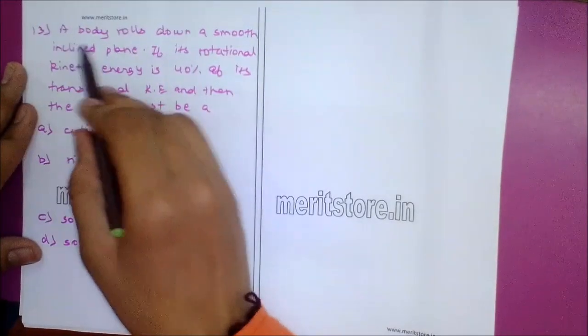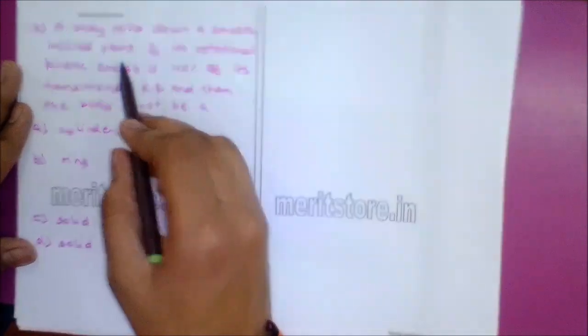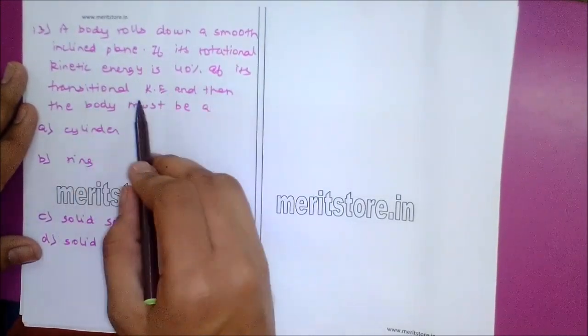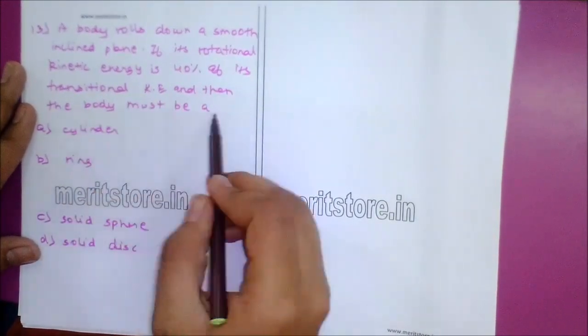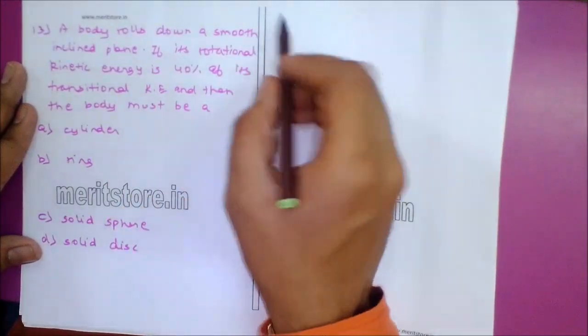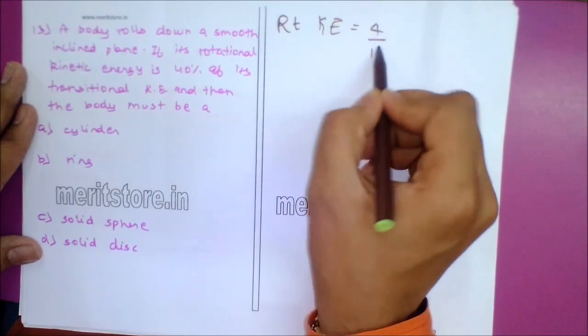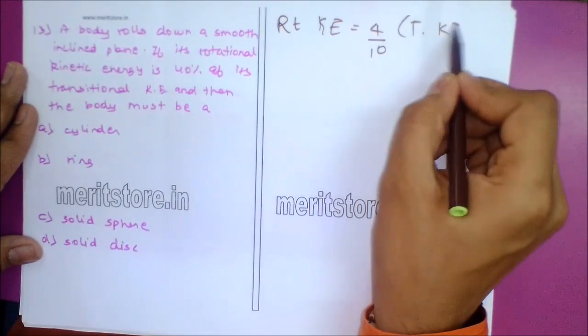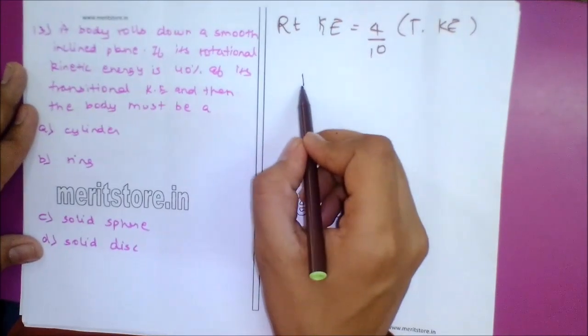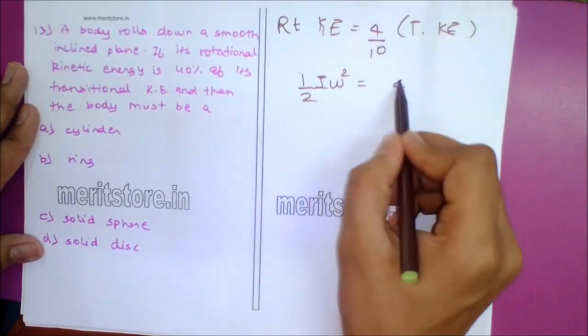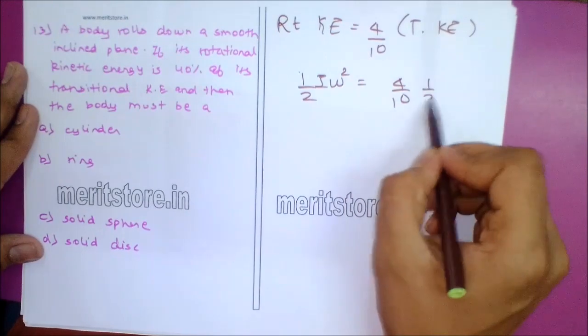Question number 13. A body rolls down a smooth inclined plane. If the rotational kinetic energy is 40% of its translational kinetic energy, then the body must be a... Now, rotational kinetic energy is equal to 4 by 10 translational kinetic energy, 1 by 2 I omega square is equal to 4 by 10, and translational kinetic energy is half mv square.